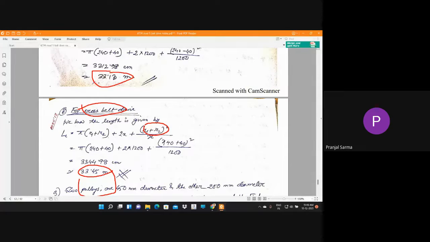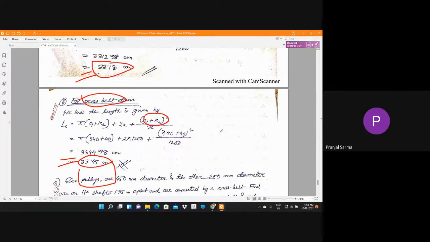So if you compare both the answers, there is a difference in the length. In general, for the same situation, cross belting requires the length of the belt to be somewhat more.